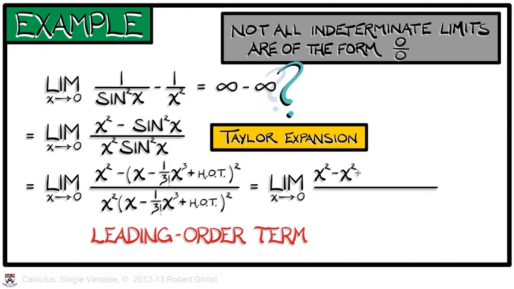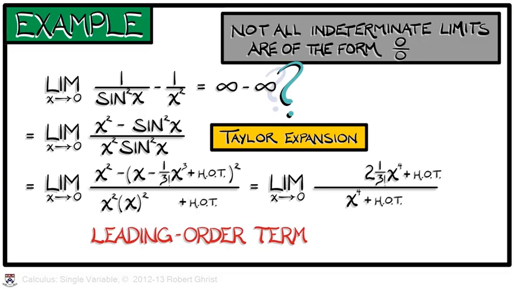The first term is x squared. The second term is 2 times x cubed over 3 factorial. Now, what do we note here? We note that the x squareds cancel. Those second order terms go away, and we're left with the next term, the fourth order term, as the leading order coefficient.